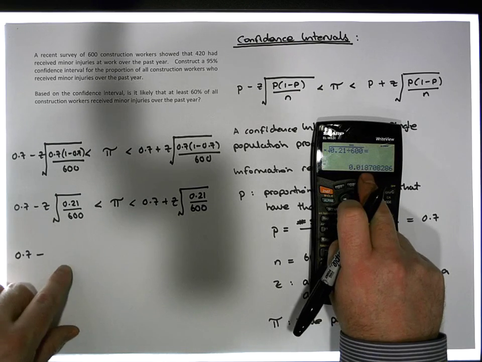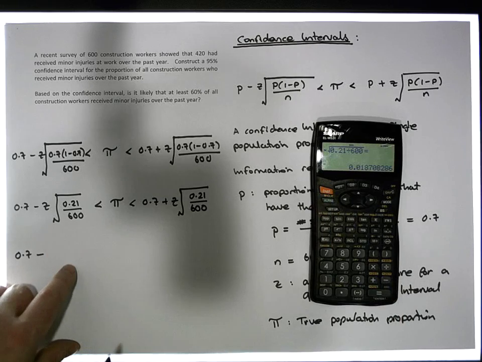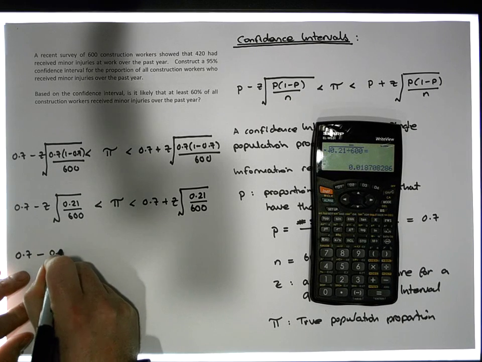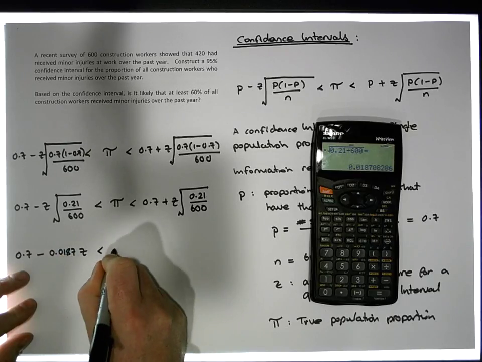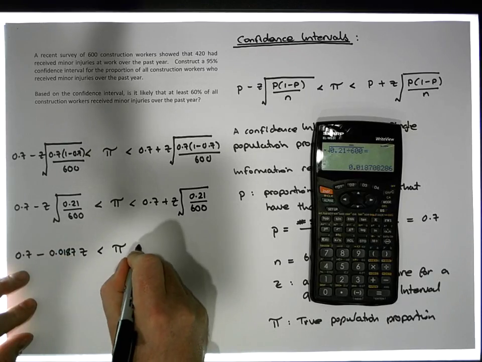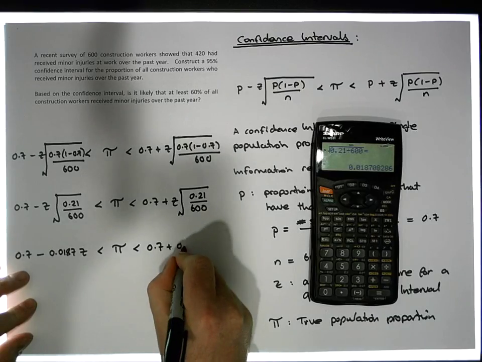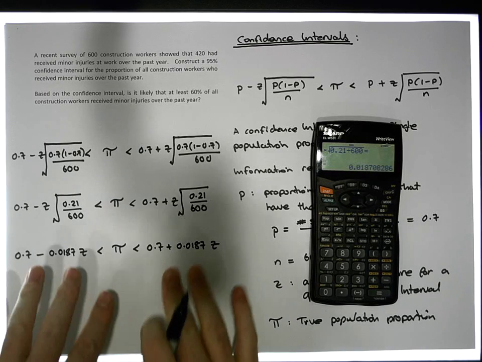So this number here, this square root, is 0.0187 to 4 decimal places. So it must be minus 0.0187z, must be less than the true population proportion, which must be less than 0.7 plus 0.0187 times z, okay? And that's the confidence interval, okay?